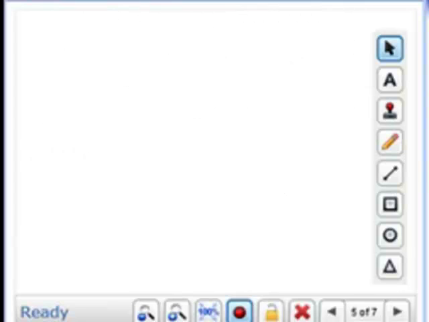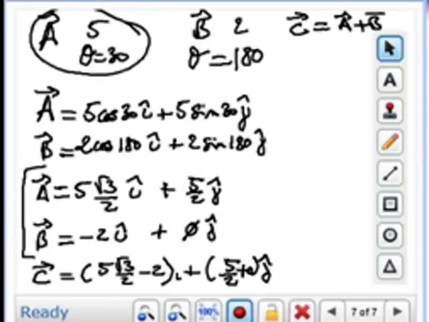So as I go back to our example, if I want the magnitude of C, all I need to do is take my x component, Cx, 5 square root of 3 over 2 minus 2, and square it, and add the y component, 5 halves, squared.